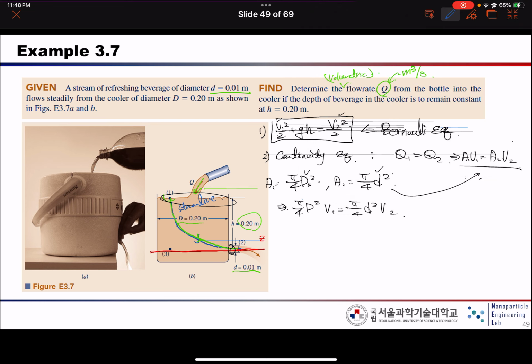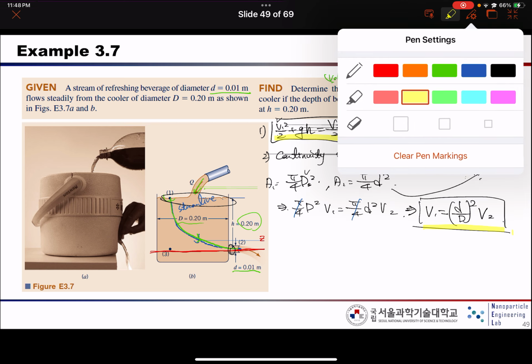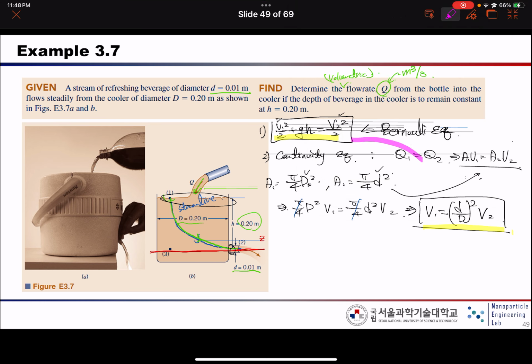So this one cancels out, so we can write V1 as a function of this term like this, right? We got these two equations. Okay, so now it is time to combine these two results.